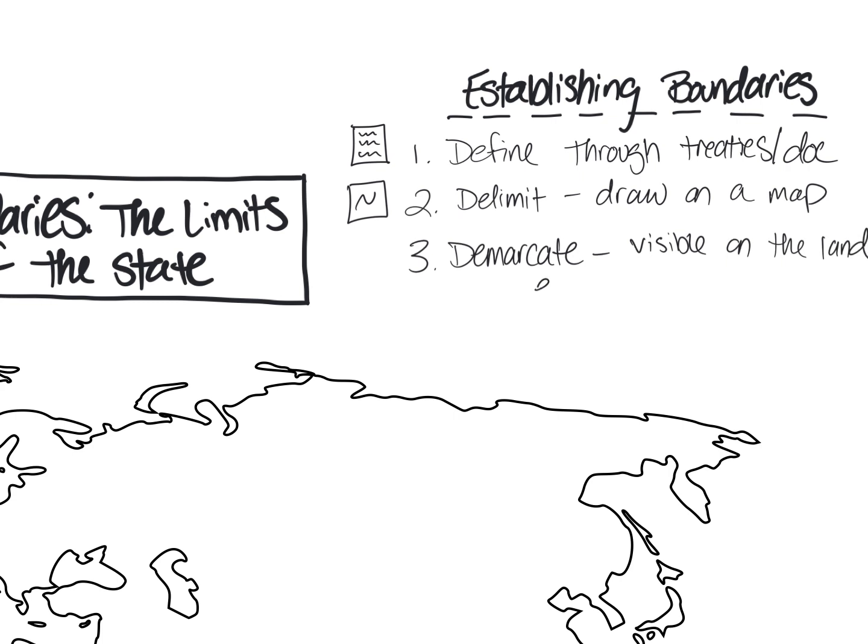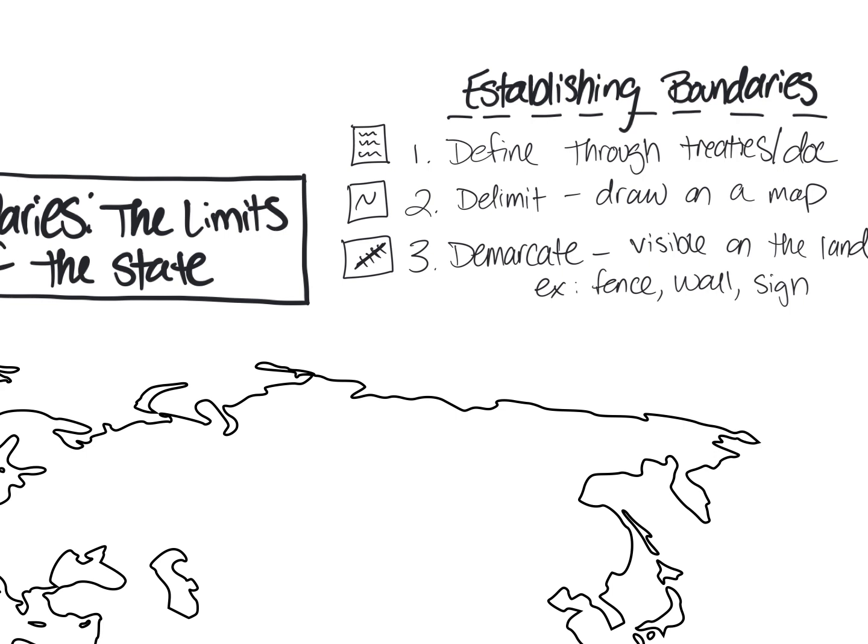So this could be by a fence, it could be a wall, or it could be just a sign, but something that physically shows where that border is going to be, right? When I bought my house a few years ago, we were given a paper of my property that shows, okay, this land is what I now own. And it was demarcated by a fence, right?